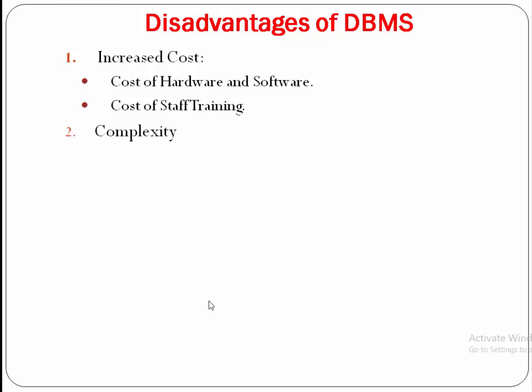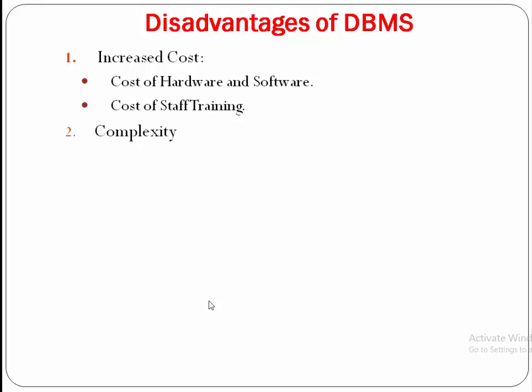And the next one is complexity. Nowadays all companies are using database management systems to fulfill many requirements and solve problems. But a problem arises: all these functionalities make the database management system extremely complex in structure. Let us take an example like Flipkart. It stores a huge amount of data. Think about the complexity behind the database, in the backend.